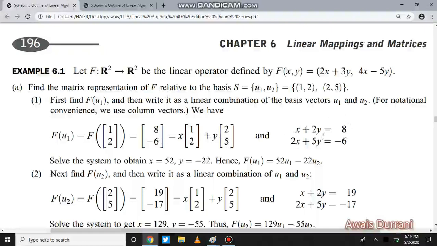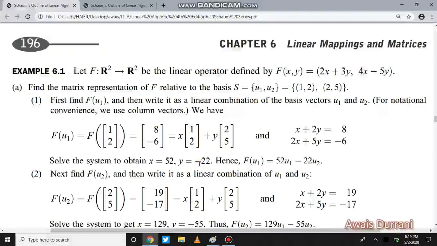Solving these two equations you will get the value of x, that is 52, and the value of y, that is minus 22. Note these two values. These are the coefficients a11 and a12. This is the first achievement.